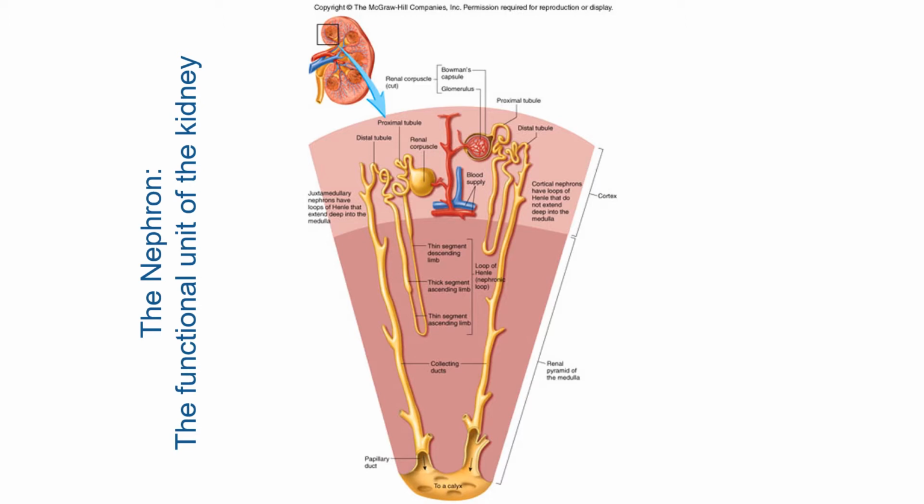Collecting ducts merge into larger papillary ducts which empty into a calyx. Once the urine or the filtrate has traveled from the renal corpuscle, proximal tubule, the loop of Henle, the distal tubule, all of it will be going down into the collecting ducts and then to the calyx and eventually to your ureter.